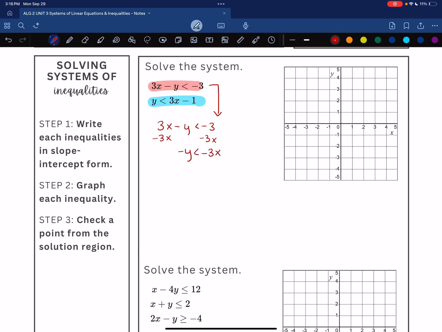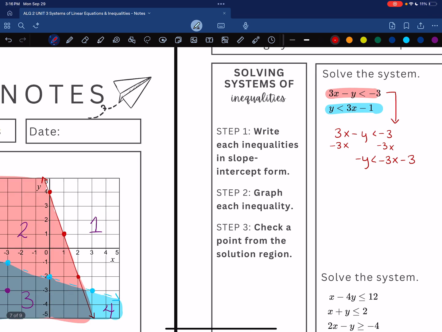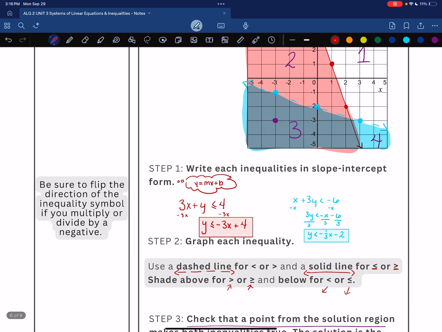Negative 3x minus 3. But then the y still isn't yet all by itself, and this is what I wanted to make a note of over here in our margin. Be sure to flip the direction of your inequality symbol if you multiply or divide by a negative.